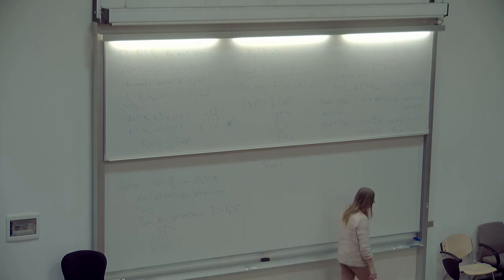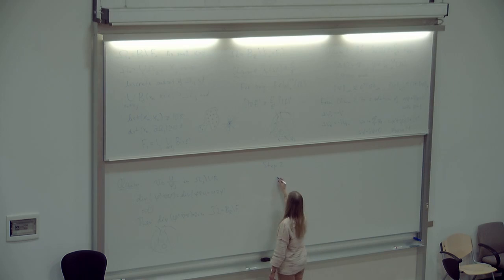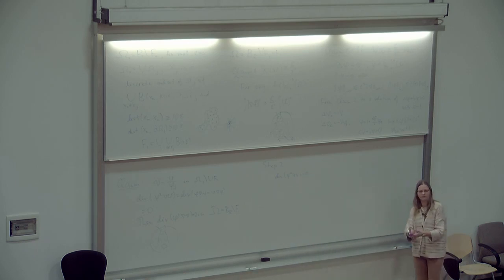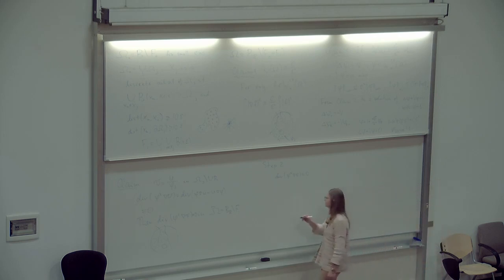Step 2 is why we like divergence equations. So what does it mean that the divergence of phi squared gradient v is equal to 0? Suppose I'm thinking locally now. I have two functions, the x derivative of one plus the y derivative of the second is equal to 0. Then I can find a function.